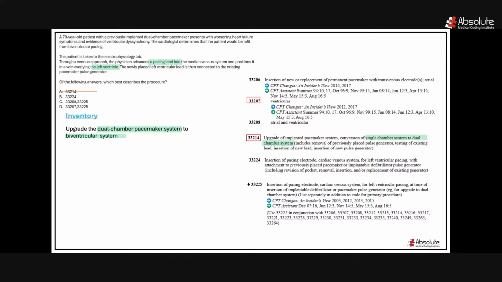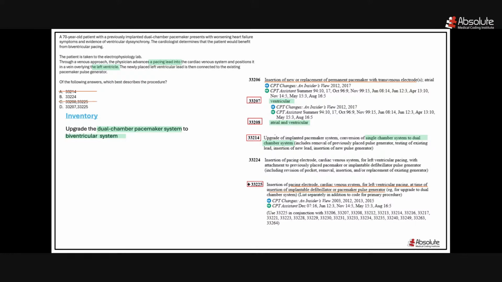So the parent code itself is incorrect. We didn't have an insertion or replacement of a system here. We just had an insertion of an additional lead, the third lead. So that's why option C is incorrect. Also option D, the parent code itself is incorrect, so no need to go further. Both are wrong.